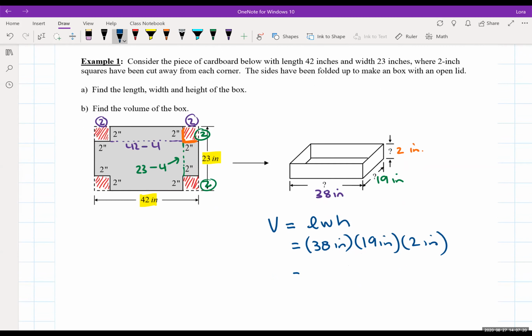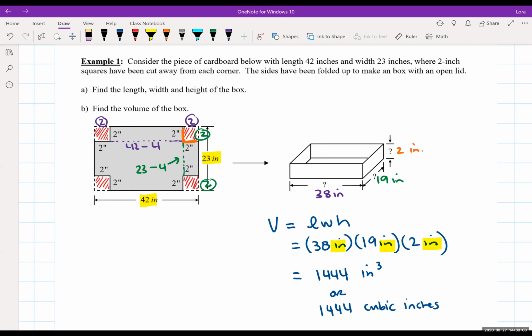Because we have concrete numbers, we'll pull out our TIs for the quick multiplication. 38 times 19 times 2 gives us 1,444. Also keep in mind units. When we're dealing with volume, we have inches times inches times inches, or cubic inches. In the real world you would refer to it as cubic inches, but we do have math speak for this as well, with the exponent and the abbreviation.